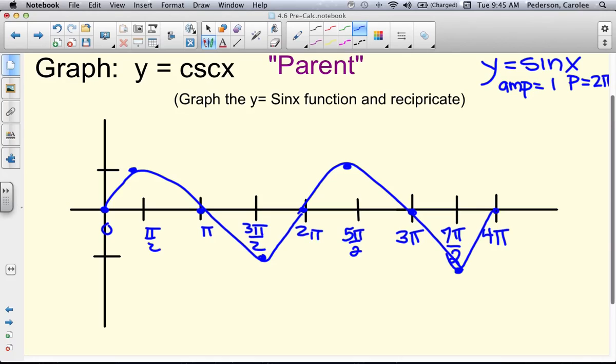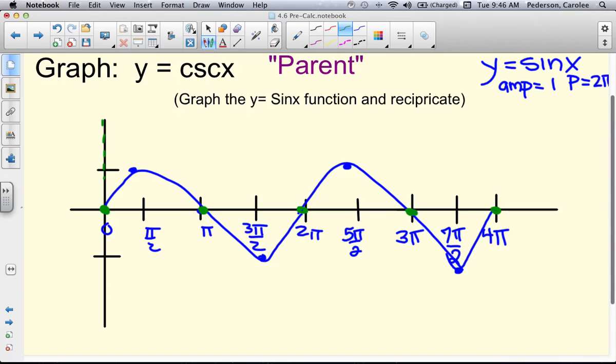Now I'm going to go a step further to actually graph the cosecant function. With cosecant and secant, we are going to draw vertical asymptotes at where the function is undefined. So they're going to be like the zeros on this axis. So the asymptotes are going to occur here at 0, pi, 2 pi, 3 pi, and 4 pi.